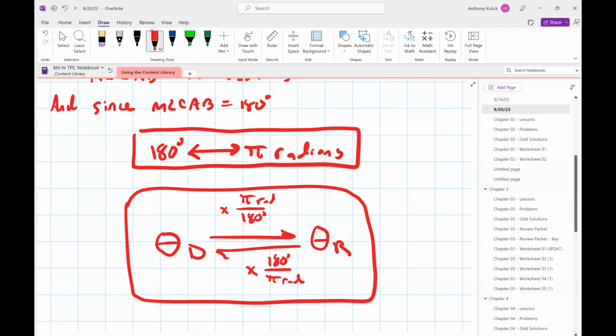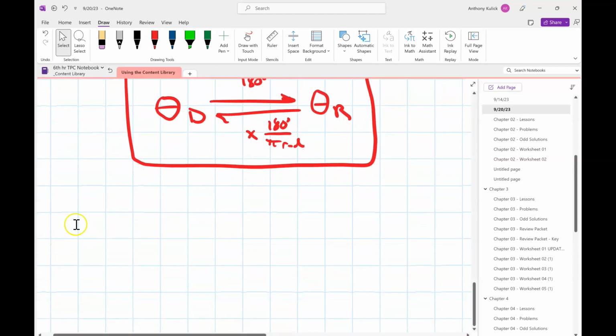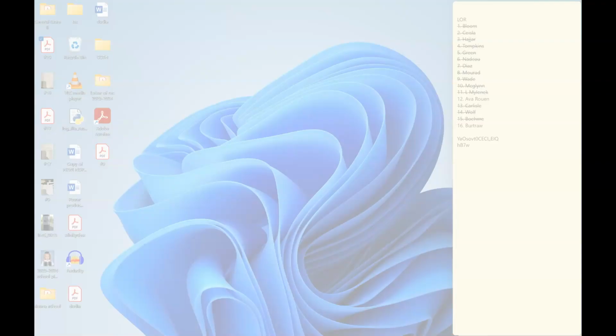So I put a subscript d on it to say an angle in degrees, and I put the subscript r on it to mean an angle in radians. Everybody's okay with that? Let's do a couple of examples here to make sure we're comfortable with what we've just done.